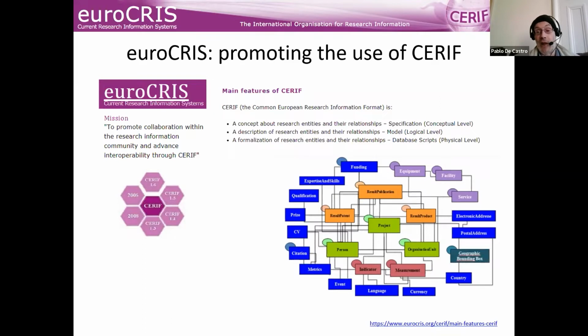This is normally the affiliation. And then project is the third core entity for the CERIF data model. This is a funded research project that is usually led by this researcher or in which this researcher is involved, and it's also connected to the organizational unit.